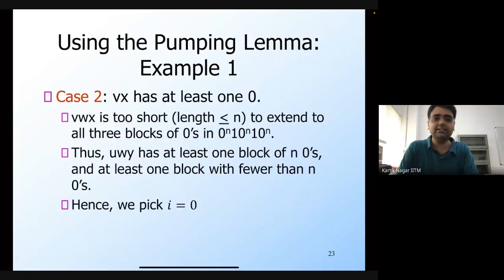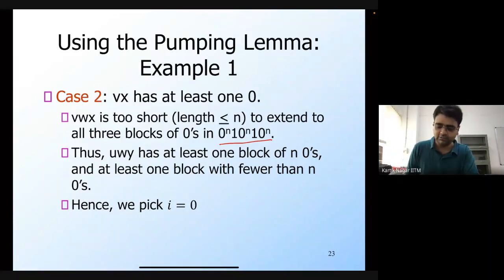And the second case is that vx has at least one 0. In the first case, we considered vx having no zeros, where it will have a 1, and therefore I could do the proof. Now let's consider the case where vx has at least one 0. Look at the string 0 to the power n, 1, 0 to the power n, 1, 0 to the power n.